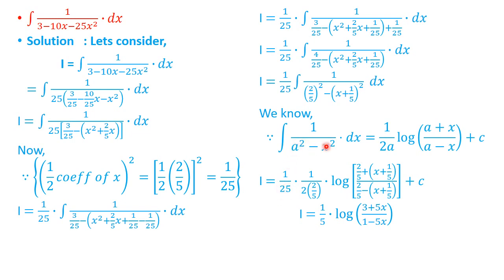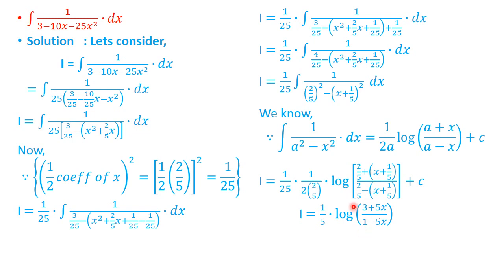So here 1 by twice a means 1 by, here 25 as it is, and 2a is 2 by 5, log of 2 by 5 plus x, where x is x plus 1 by 5, upon 2 by 5 minus x plus 1 by 5. Now multiply this by 5 to the x, that is, first make the denominator similar.